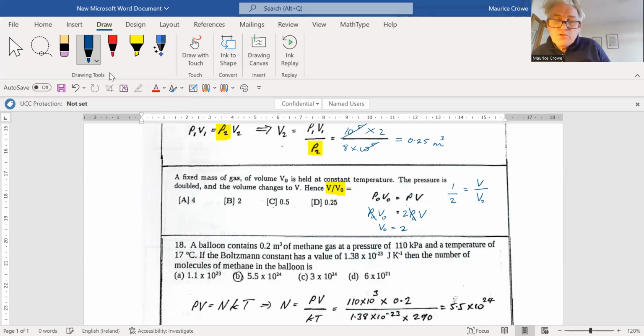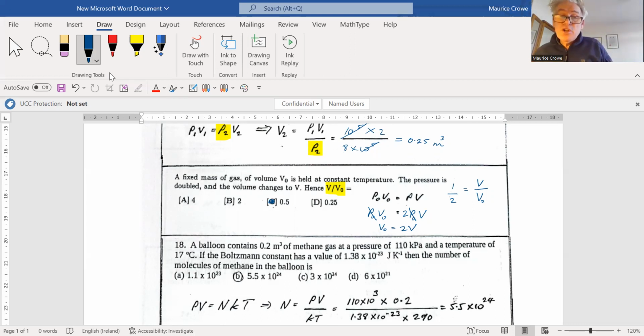V0 is equal to 2 times V. Yes, that's good to write that down. And then we can get the ratio of V to V0, which is going to be 1 over 2. So the answer there is C. So if the pressure is doubled, the volume is halved.